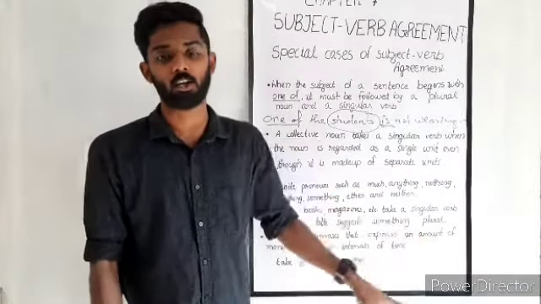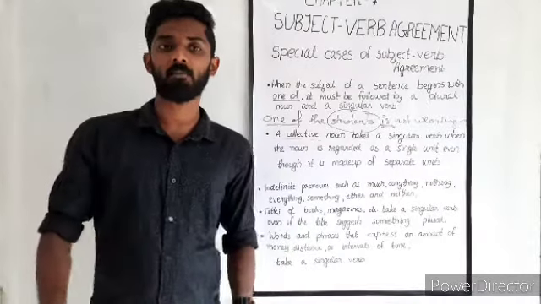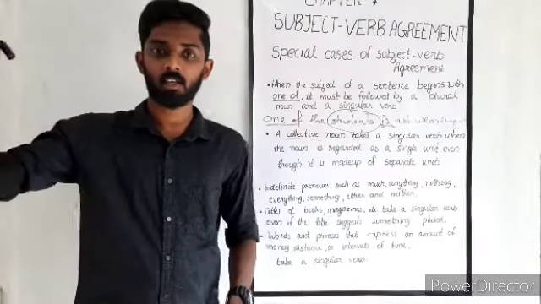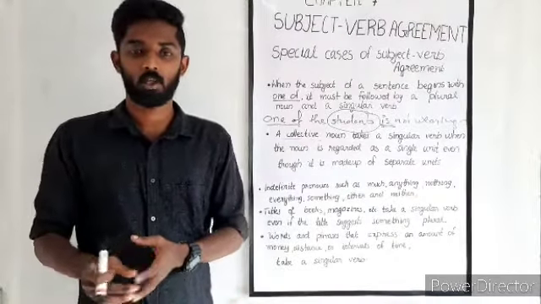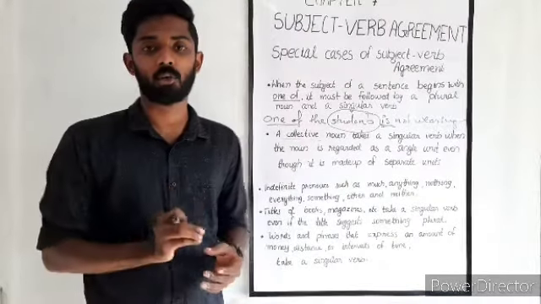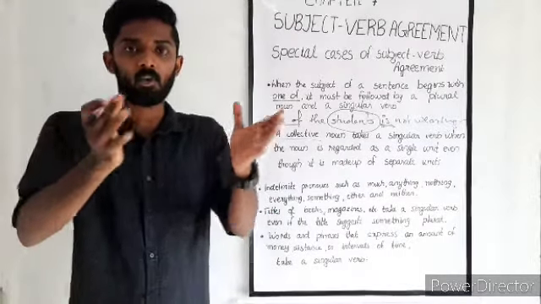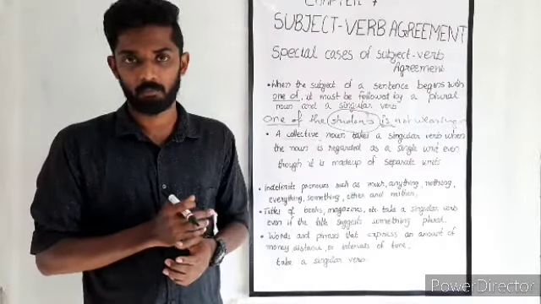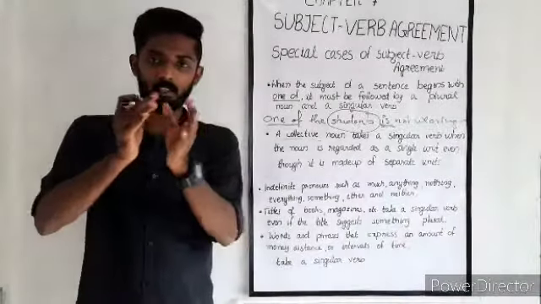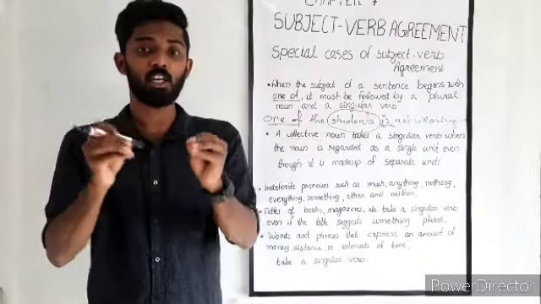as a single unit. See, when we speak about the Indian team, we take it as a singular unit, or when we speak about the people who are there in India, we use a plural form because we take the nationality or a team or whatever it is as a single unit.